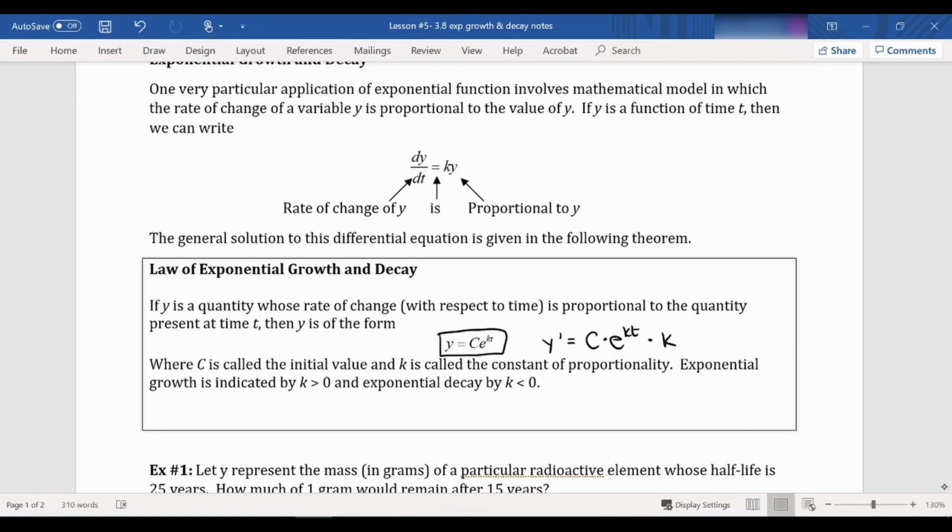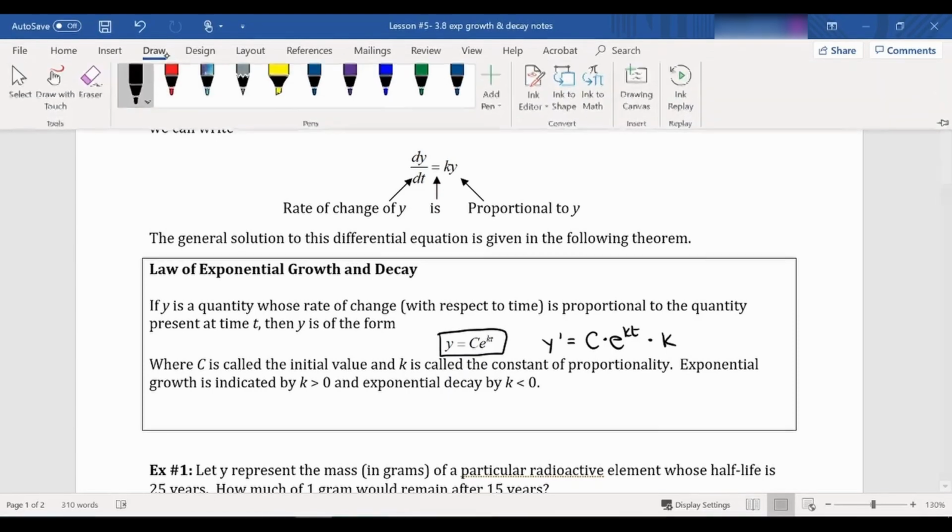C is our initial value, and K is called our constant of proportionality, or it can also be called our relative growth rate.